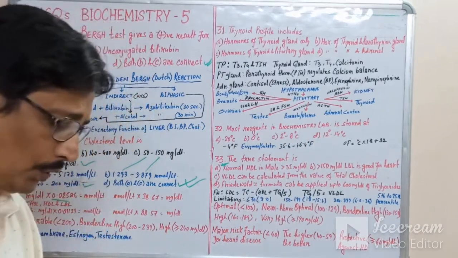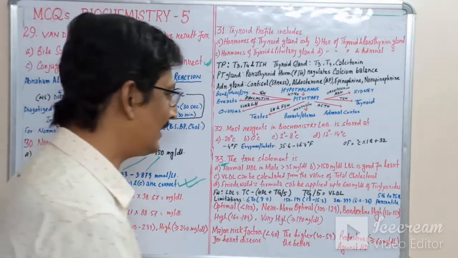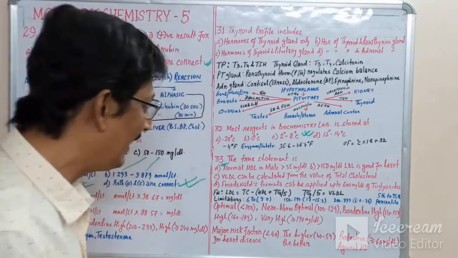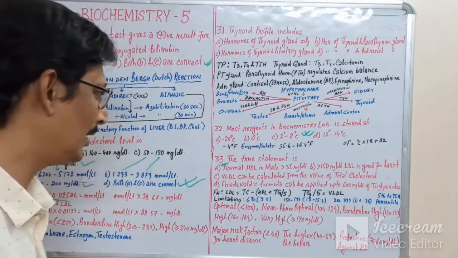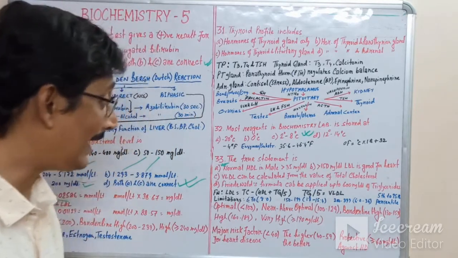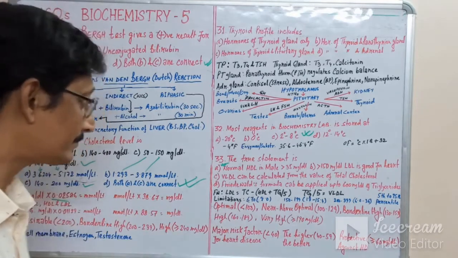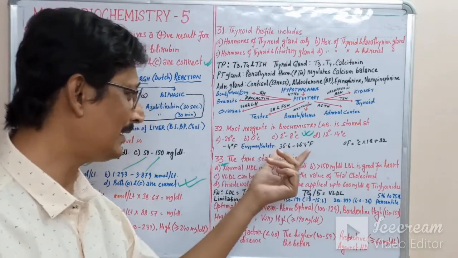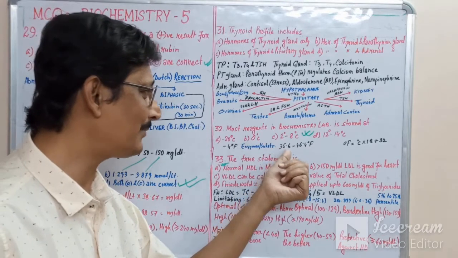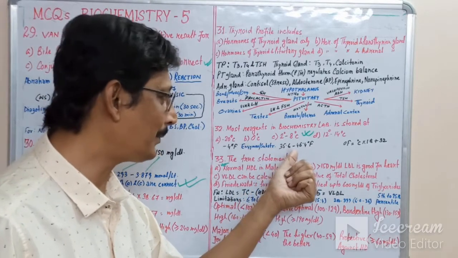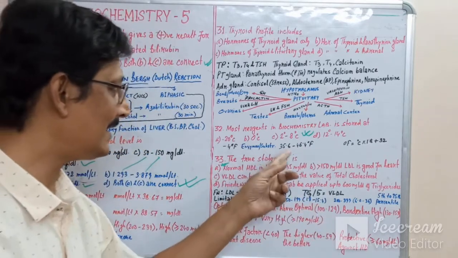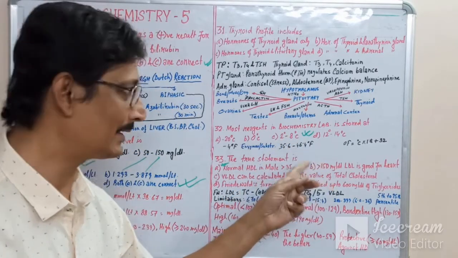So we know that the answer is 2 to 8 degrees, which you can answer easily, but it could be twisted if some option is given as 35.6 to 46.4 degrees Fahrenheit. This stands for 2 to 8 degrees centigrade.